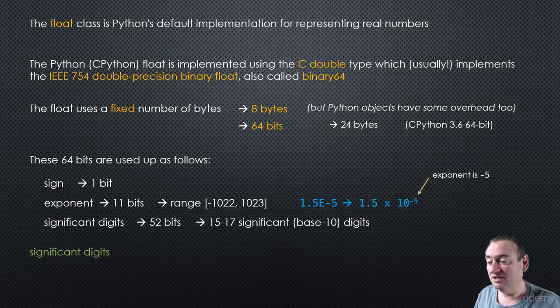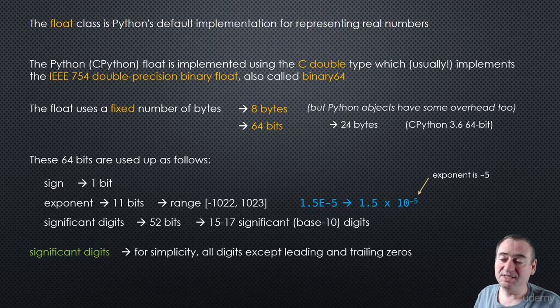Now, what are significant digits exactly? Well, you can think of it very simplistically as all the digits except leading and trailing zeros. It really has to do with how the numbers are represented in memory and the number of digits that we need to represent that number in memory. But simplistically, just remove leading and trailing zeros, and that's the number of significant digits you have in the number.